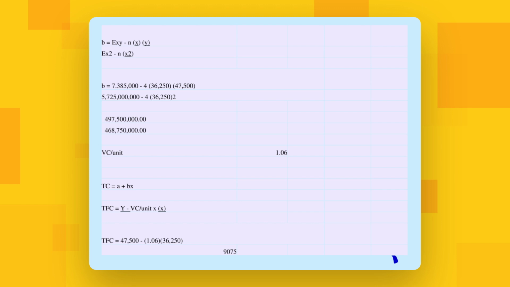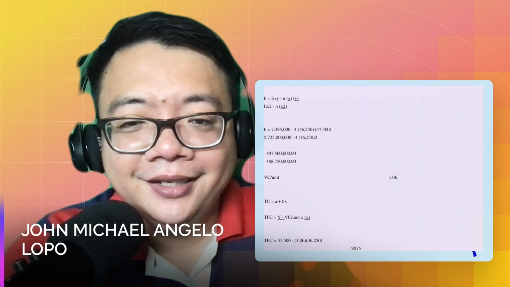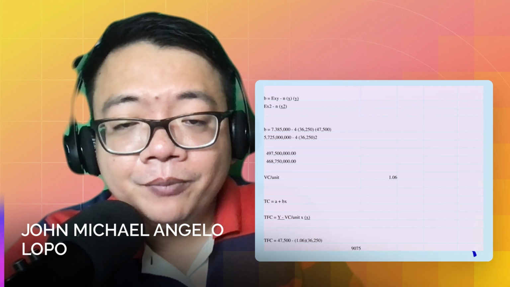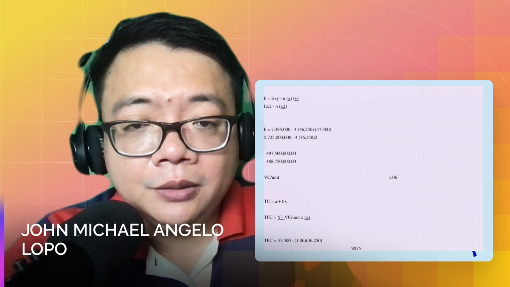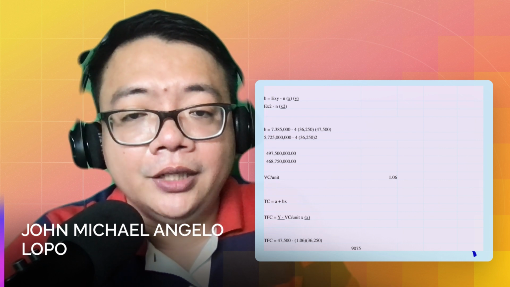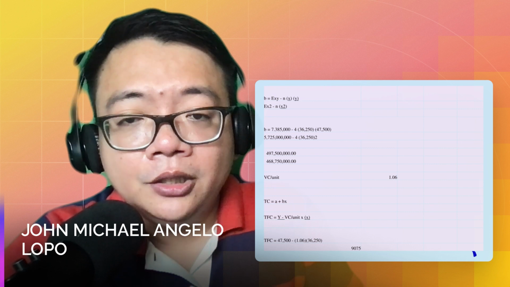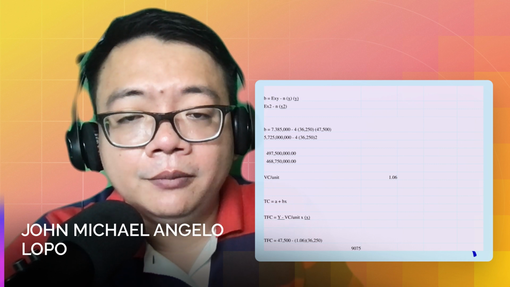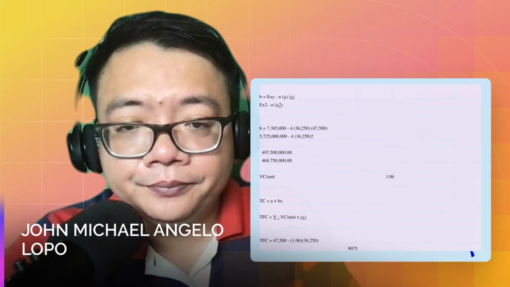That's the formula in computing for your variable cost per unit. Again, summation of EXY minus N multiplied by average of X multiplied by Y average, divided by summation of X squared minus N multiplied by X average squared.